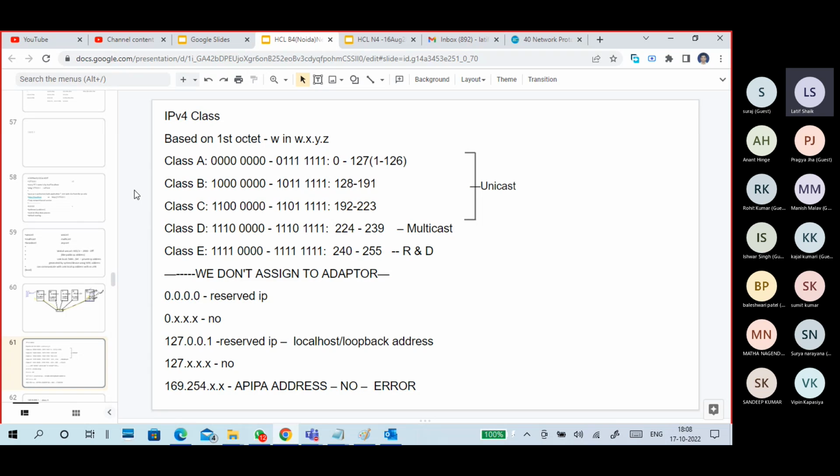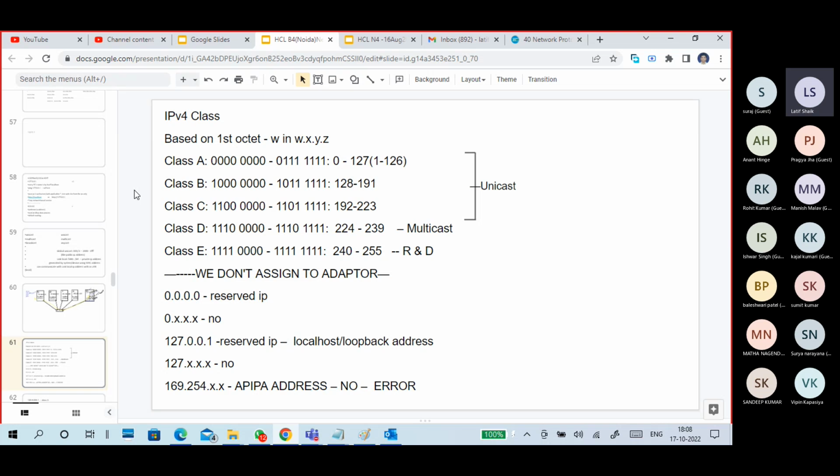0 to 127. Just to explain why it is 0 to 127: 127 is a reserved IP address, and 127.0.0.1 is a loopback or localhost address. The entire 127 series we are not using, which means we can't assign it to a device.